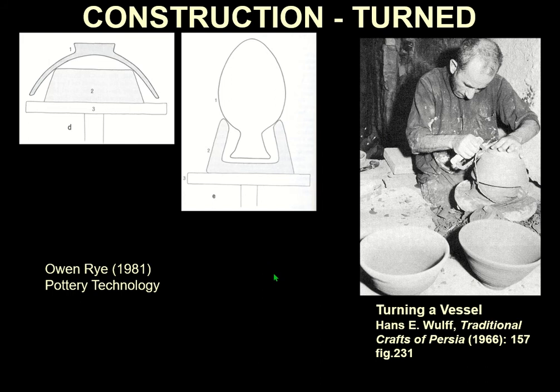Another construction technique, which in fact is related to throwing because it's also used on the wheel, is turning. And this is what you do after you've made the vessel. You've let it dry to a certain extent because you don't want it too squishy, and then you put it back on the wheel, and you have like a lump of clay or something here.